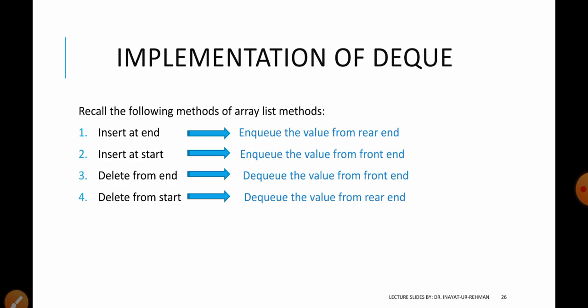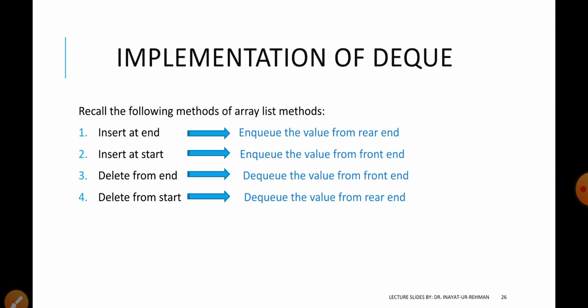So to implement the double-ended queue, here we define four different methods. If you recall the array list assignment, in which we discussed 13 to 14 operations in the array list, we performed insert at end, insert at start, delete from end, and delete from start.